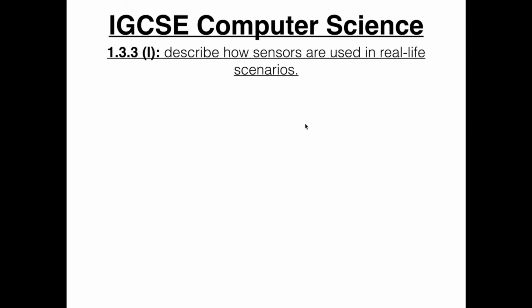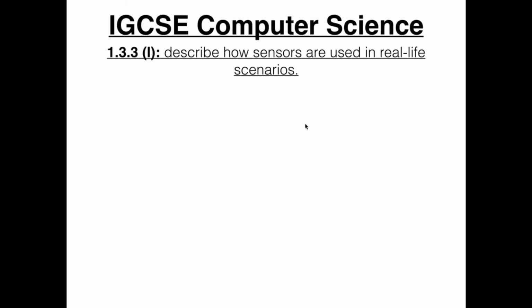This is where we have to learn about the sensors and know how to apply them in scenarios that the exam gives you. Now, we don't know what the exam is going to give us. It's going to give us something like, a greenhouse has a carbon dioxide supply. Describe how a microprocessor and a gas sensor could be used to control it.